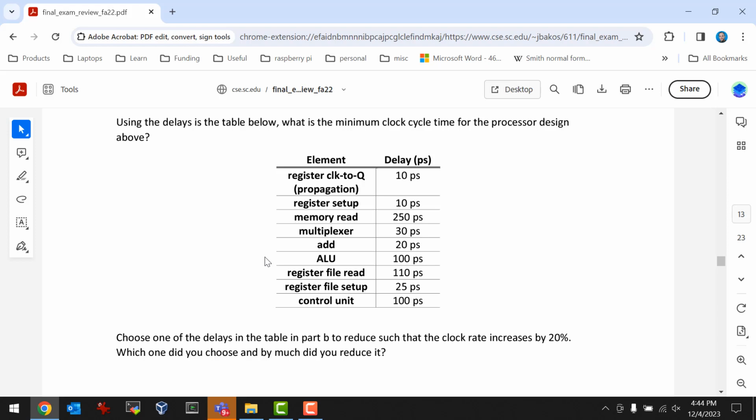Multiplexer 30 picoseconds. So we have 30 picoseconds here, and then the ALU is 100 picoseconds. And then we have another 30 picoseconds here, and then the register file setup time is 25. We've got to get the result there 25 picoseconds early for the setup time, right?